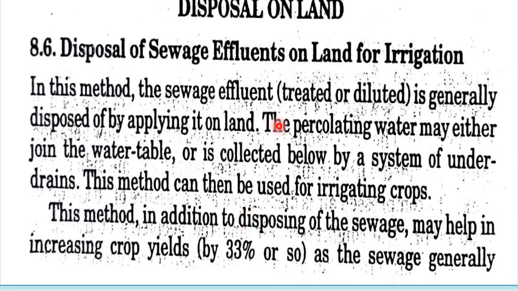This consists of organic matter and other nutrients which are required for the plant. Now, with on-land disposal for irrigation, the crop yield will increase by 33%, that is, one third of the yield will come in excess. That means we can observe an increase in crop yield by using the sewage.